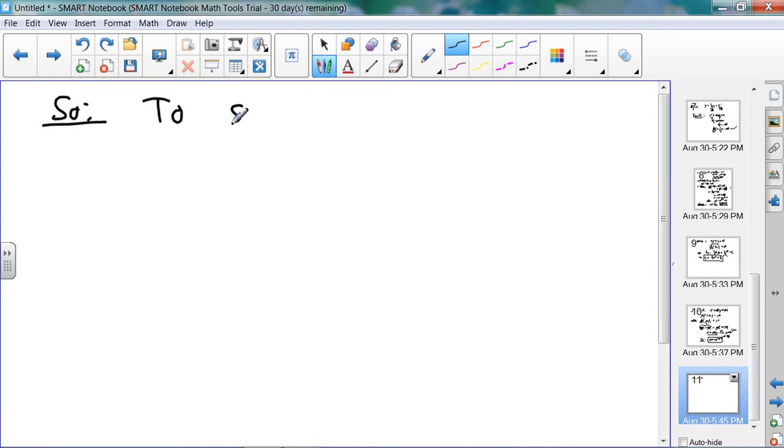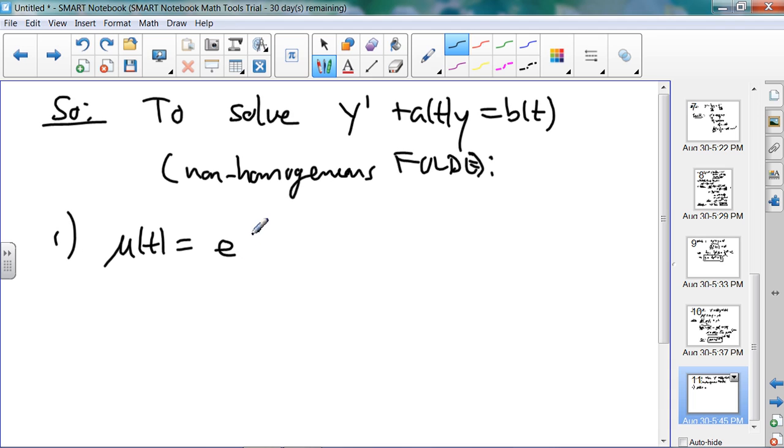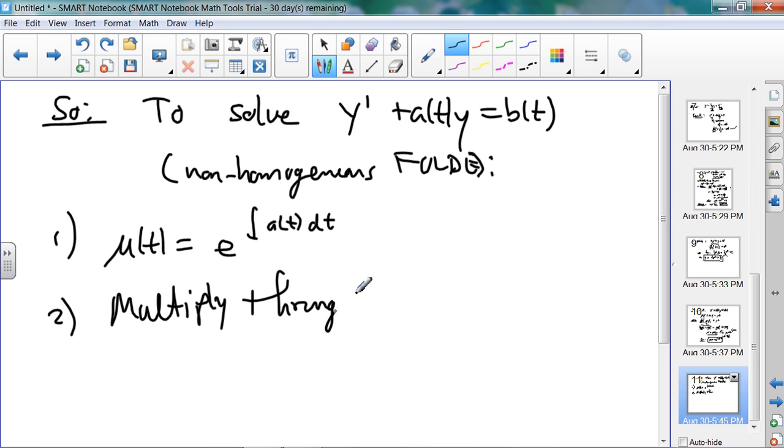If we want to solve y prime plus a of t y equals b of t, any non-homogeneous first order linear equation, there's a simple procedure that we can follow. So the first thing we want to do is find the integrating factor. And that's going to involve integrating a of t and then exponentiating that. After we do that, we will multiply through by mu of t.